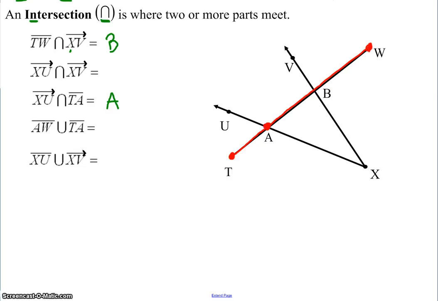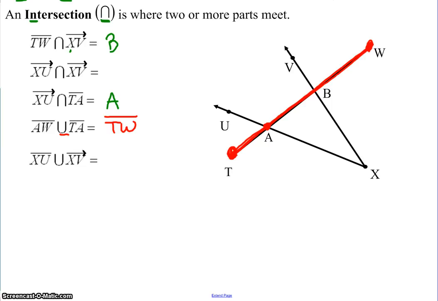It's the union symbol here instead. Union means put those two pieces together, glue those parts together. What new thing would you get after you put those two parts together? If I put TA together with AW, then I'd have this new segment that starts at T and ends at W. That's a whole new piece I'd walk away with, segment TW.